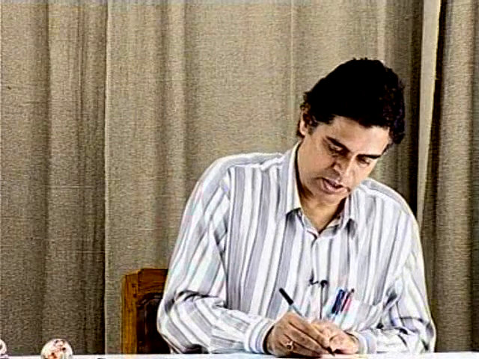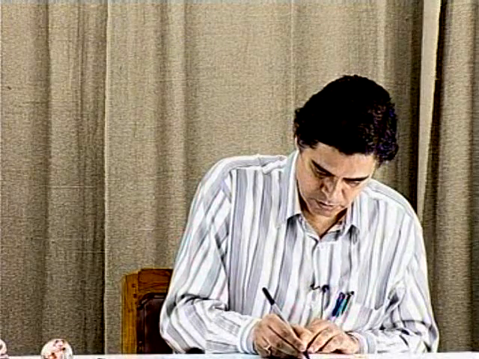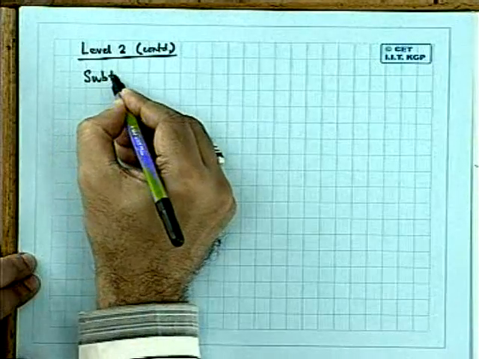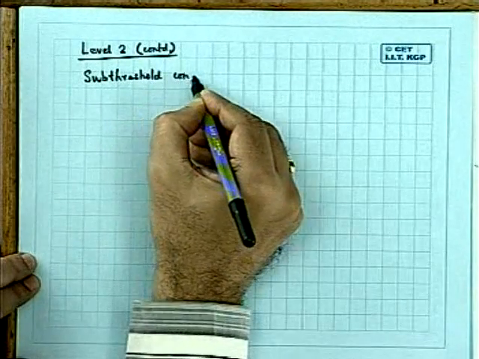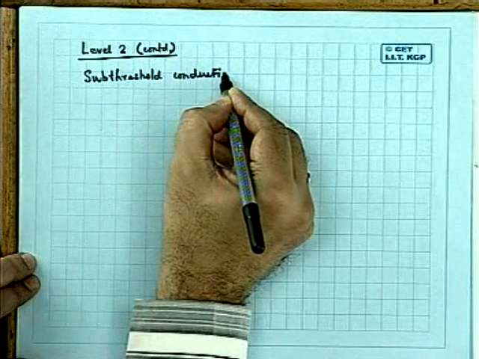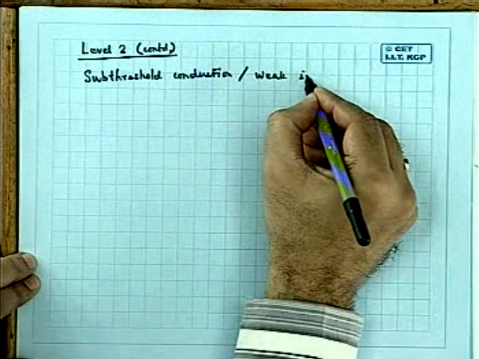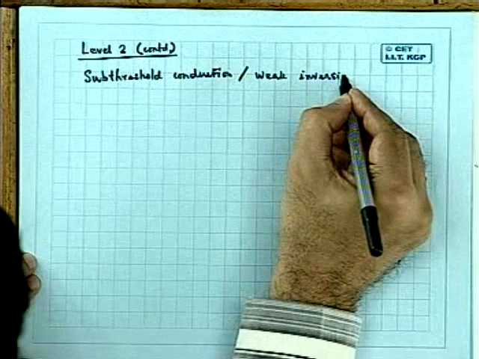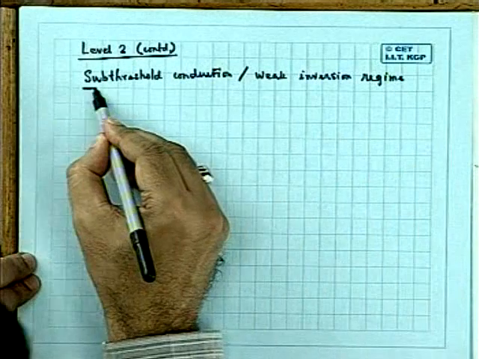Then level 2 also considers, I'm continuing level 2, the subthreshold conduction, weak inversion design. That is considered in level 2.